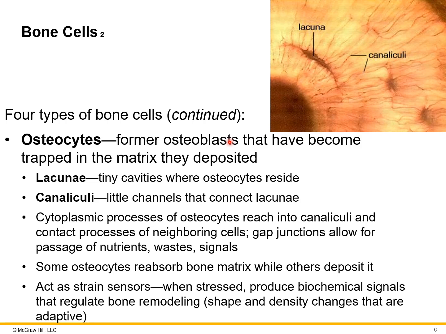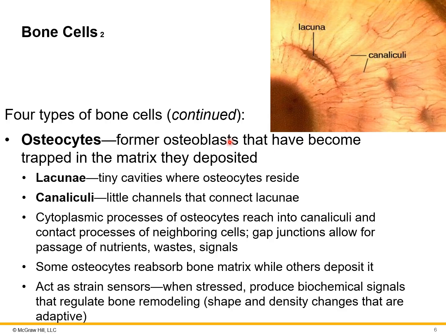Some osteocytes are going to function in the daily metabolism of reabsorbing bone, while others are going to be more involved with the osteoblasts that deposit it. And some of these osteocytes will act as strain sensors.